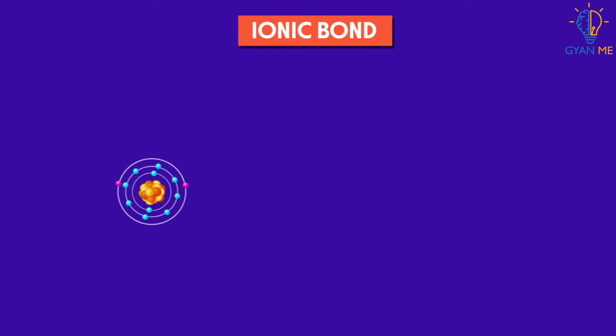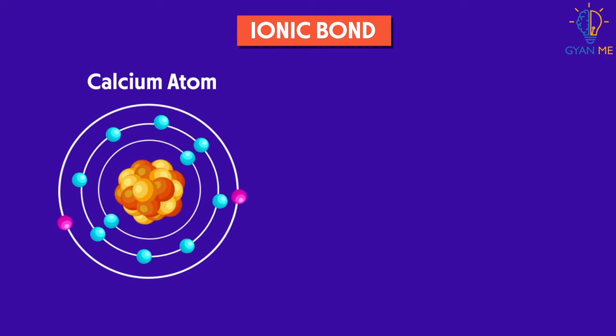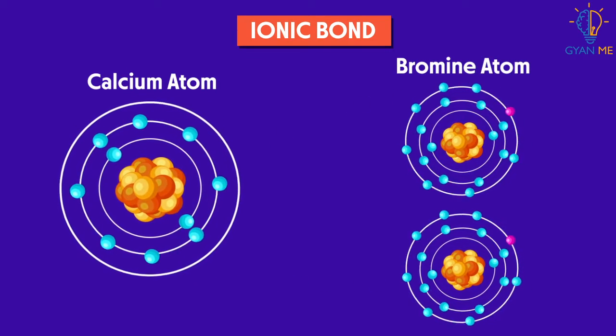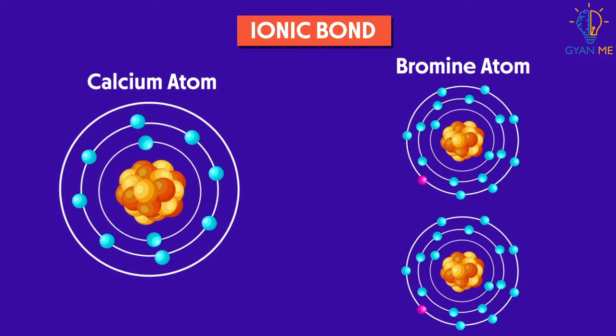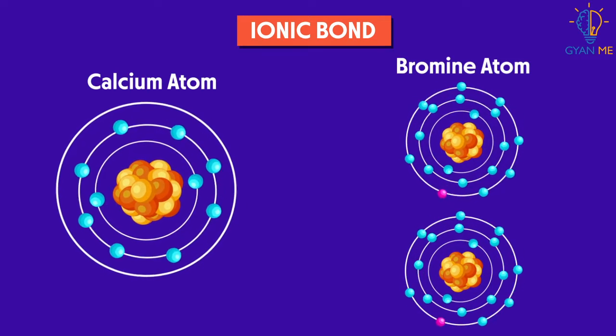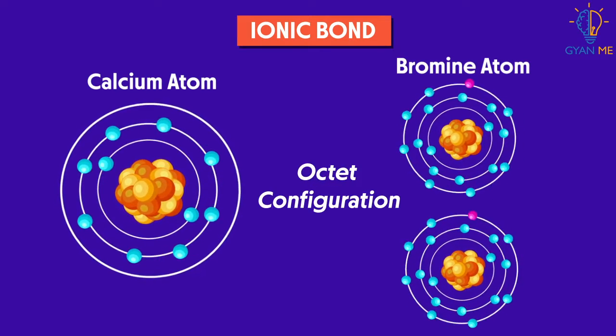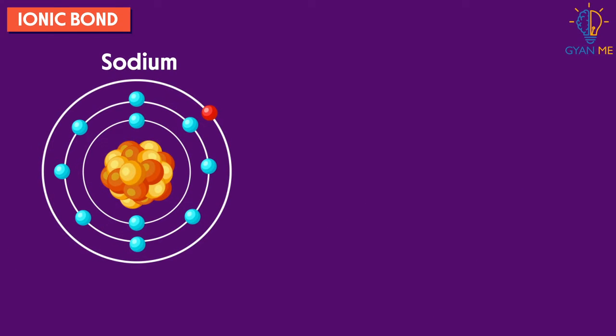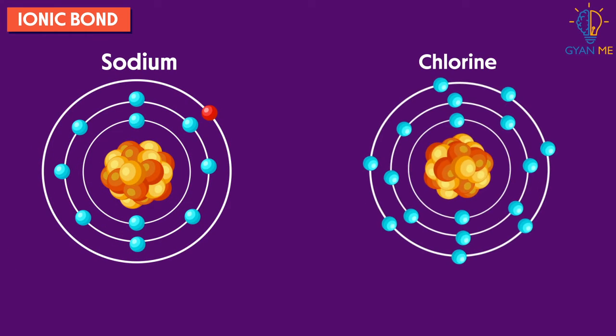Now the elements which do not have 8 electrons in their outermost orbit are unstable, and hence they take part in various chemical reactions to obtain the stable state electronic configuration called octet configuration. In other words, such unstable elements react with other unstable elements and form compounds which are stable as compared to the individual element.